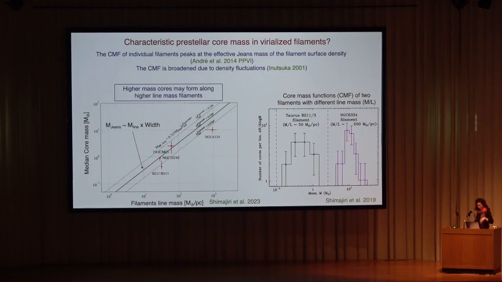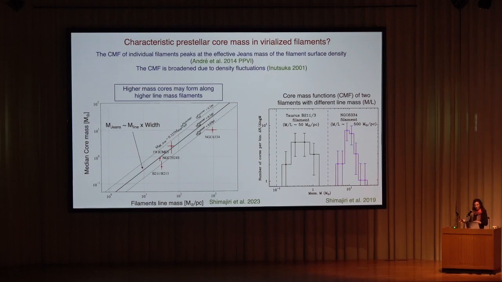And another important consequence of the width of the filaments is that it gives a particular mass scale for fragmentation. So there are recent observations that show tentatively that the median core mass observed along filaments increases as a function of the line mass of the filament.